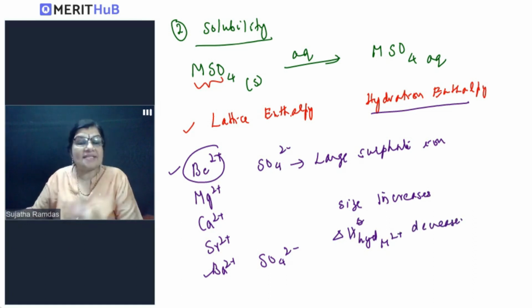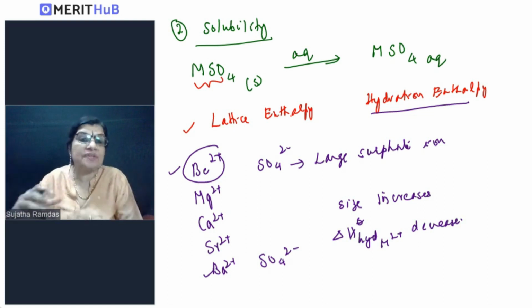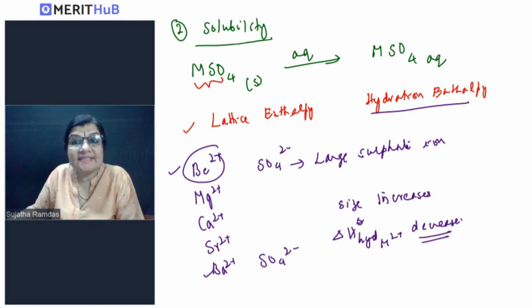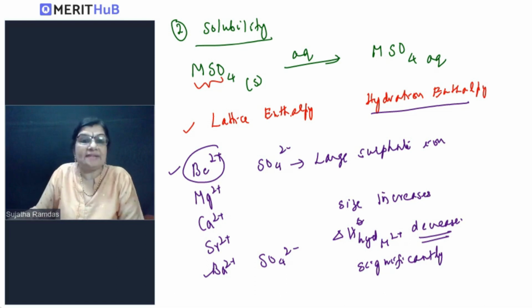As the size increases, weaker interaction with the surrounding water molecules, lesser amount of energy released, or more endothermic, and therefore the hydration enthalpy will decrease significantly.